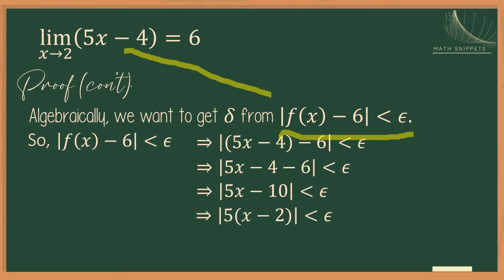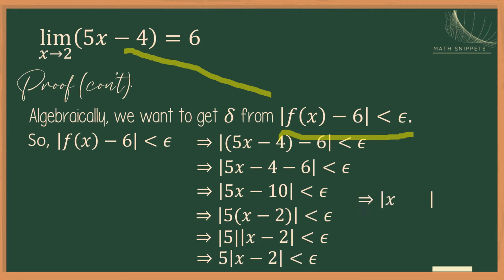If you look at this, we use the properties of absolute value to end up with the inequality, the absolute value of x minus 2 less than epsilon over 5. This is x minus a, where the value of a is 2, so x minus a must be less than epsilon over 5.